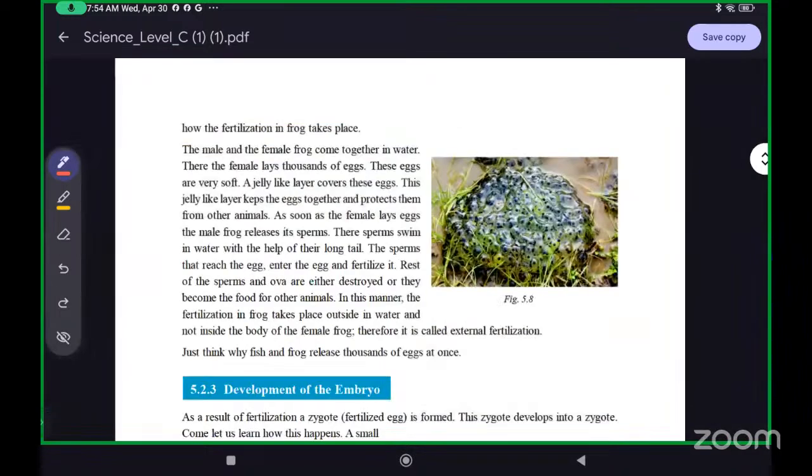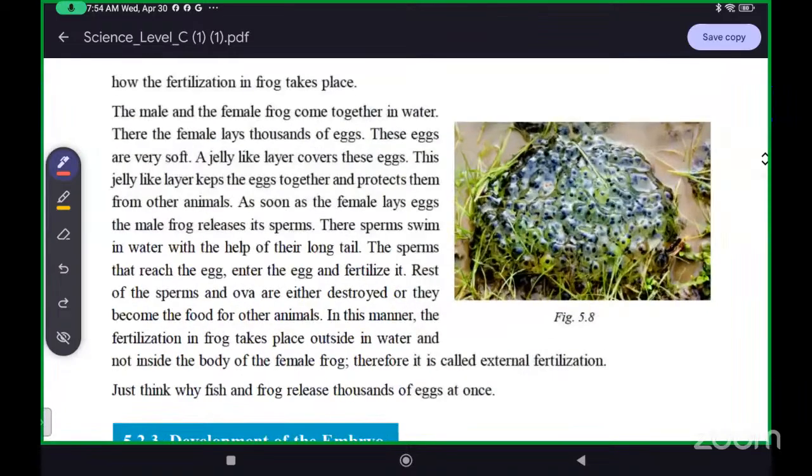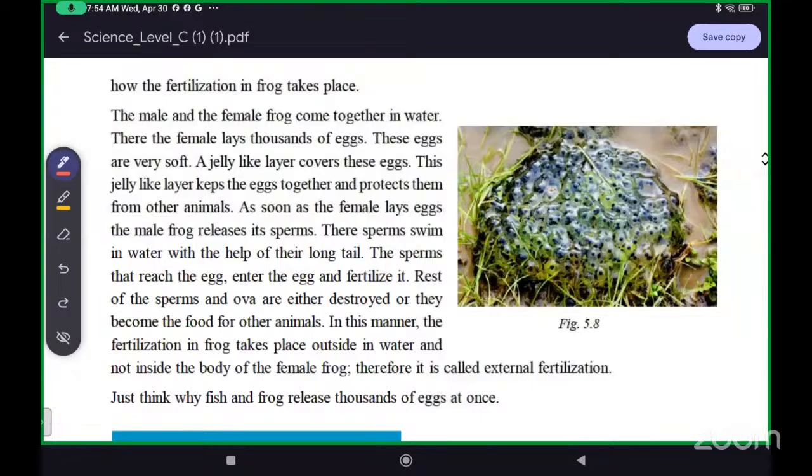How does external fertilization in frog take place? The male and female frog come together in water. There, the female lays thousands of eggs. Okay. These eggs are very soft and they are covered by a jelly-like structure. This jelly-like layer keeps the eggs together and protects them. As soon as the female lays eggs, the male frog releases its sperms.